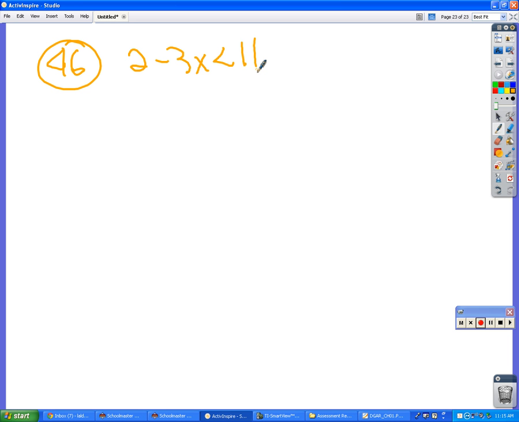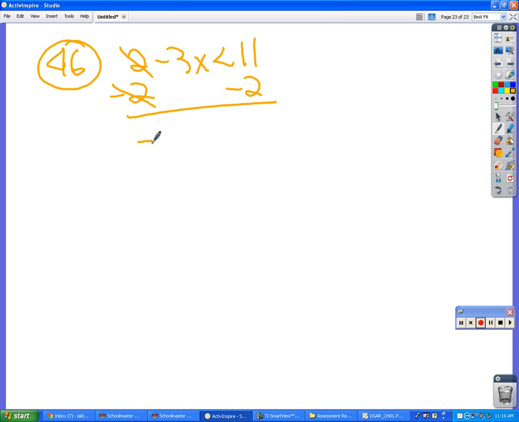Okay, 46 is a 2-stepper. You girls in the back, Carly, Megan, and you guys, gotta pay attention, okay? First step, you subtract 2. So these 2's cancel.